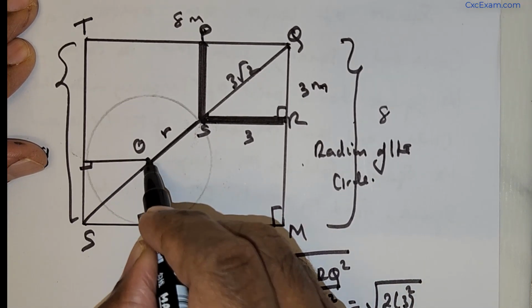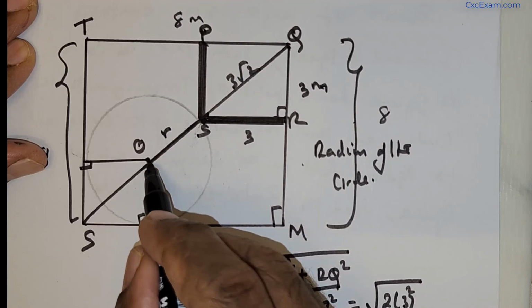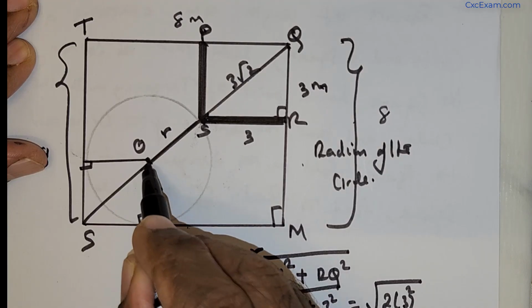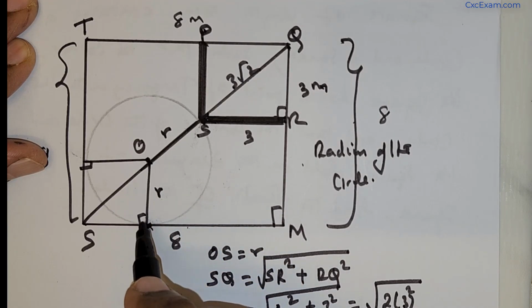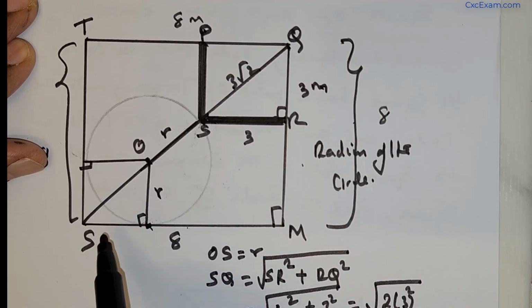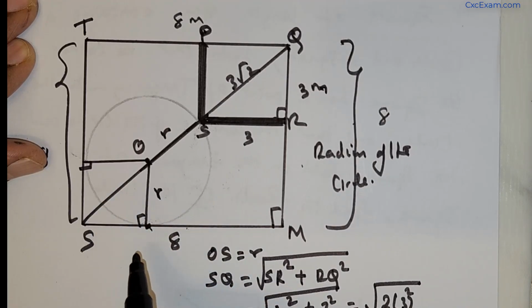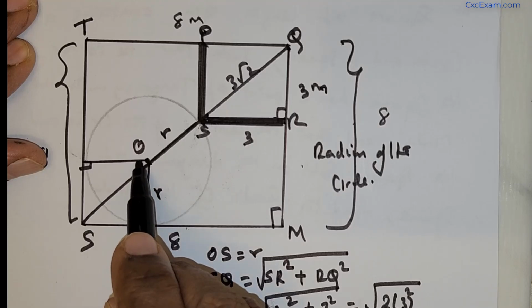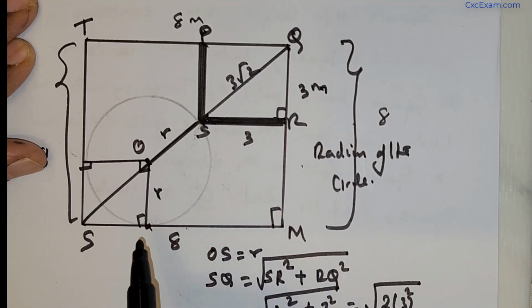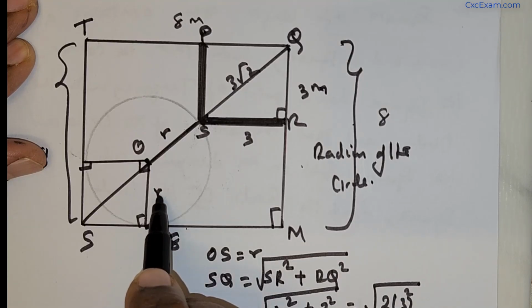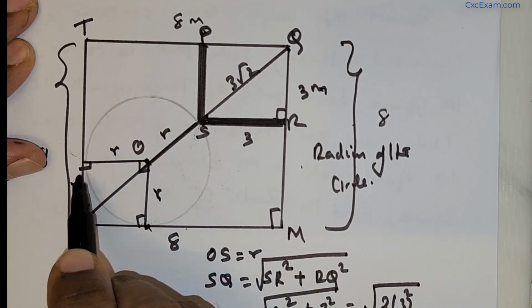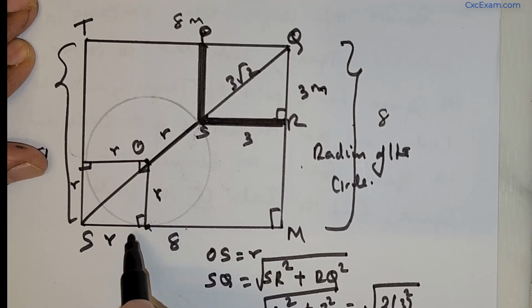Okay, so clearly from here to here is going to be the radius, right? So I have a 90 degree here, a 90 degree here, this is 90 degrees, right? So obviously this will also be 90 degrees. So with this information, I have R here, R here and R here.